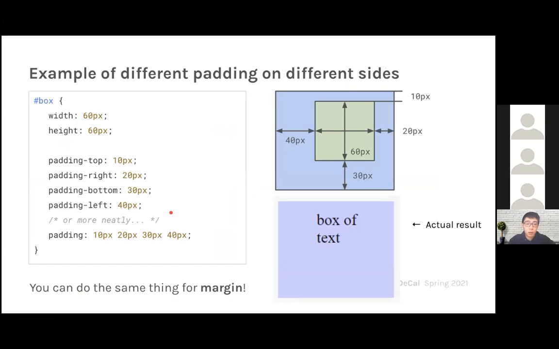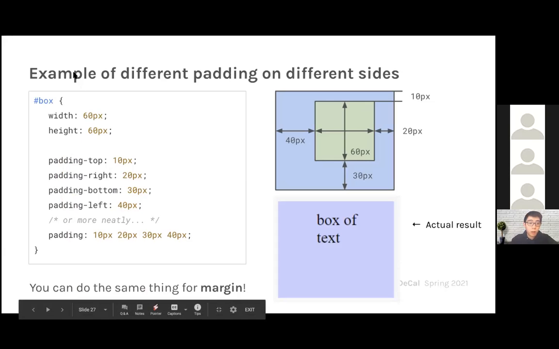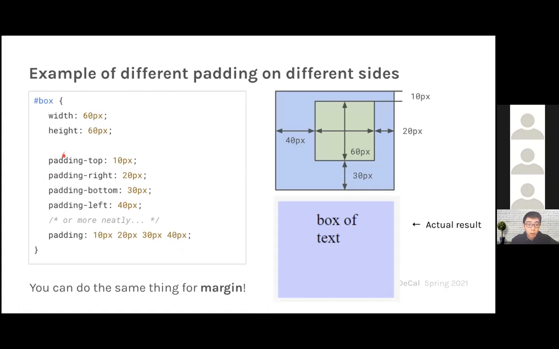Now, if we're adding different padding on each side, there's 2 different ways we can do that. The first of which is using the 4 different identifiers that we see here, as well as the shorthand. So if we wanted to create this sort of effect that we see here on the right, we can add 10 pixels of padding to the top, 20 to the right, 30 to the bottom, and 40 to the left.